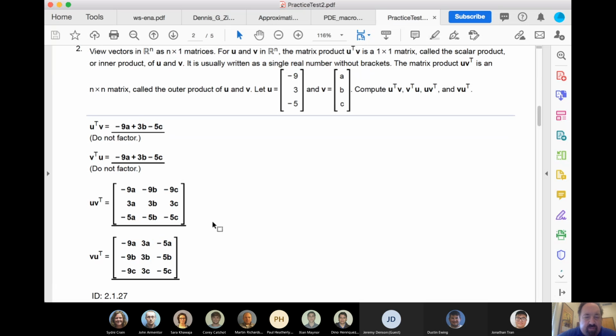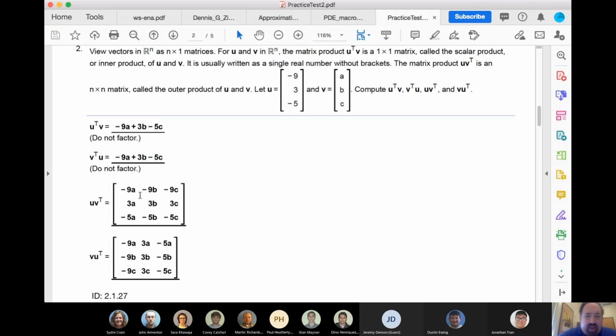The easiest way to remember how to carry out an outer product is this. Here we have UV transpose. Notice that if we look at U, minus 9, 3, minus 5, every column of the outer product has that vector: minus 9, 3, minus 5, minus 9, 3, minus 5, and so on.